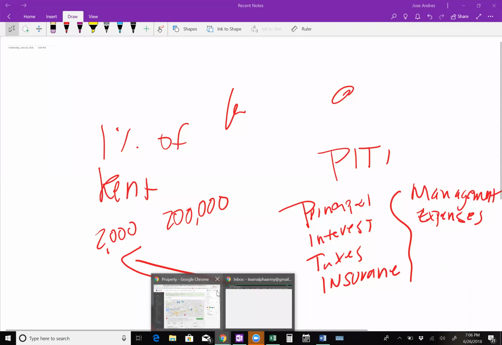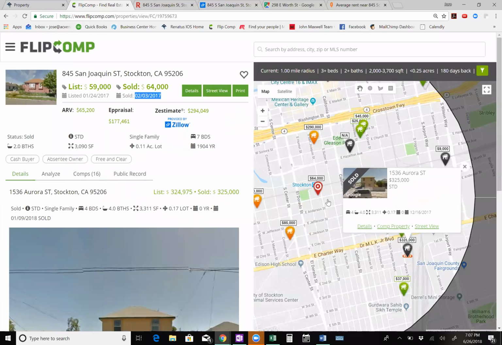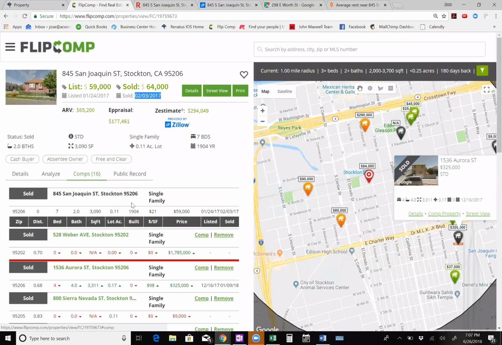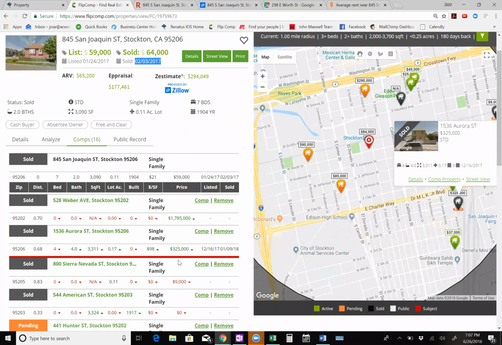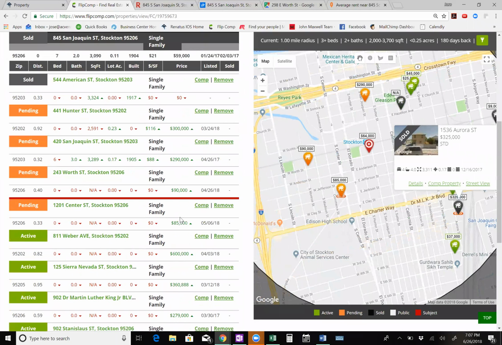So I'm just going to say I don't think it's worth much more than 250 just because of what I'm seeing. It's very vague. So 4-bedroom, 4-bath right here. So for 325, 300, 290.